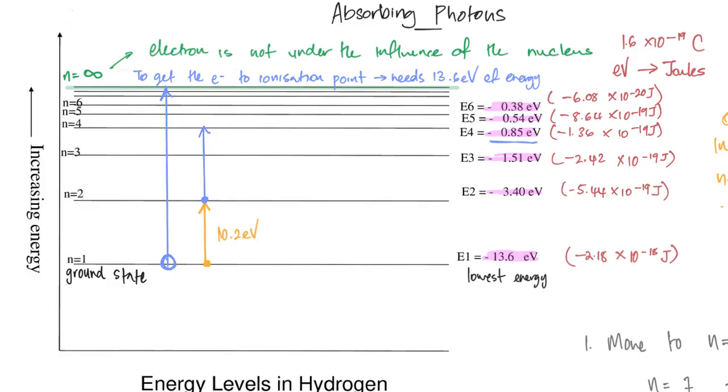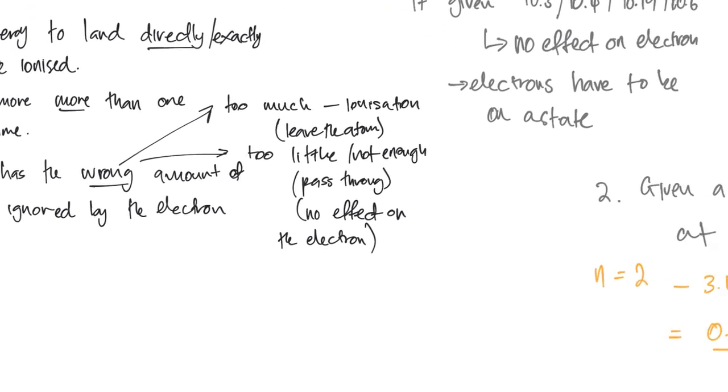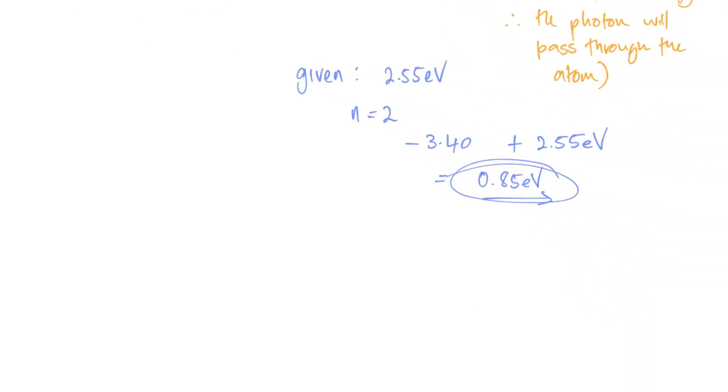That whole move means it had to gain 2.55 electron volts in order to make that move. So every time you give the electron more energy, it absorbs that energy and then it moves to n4.